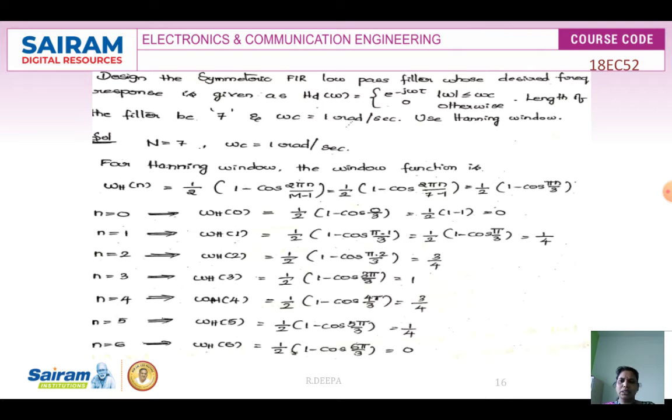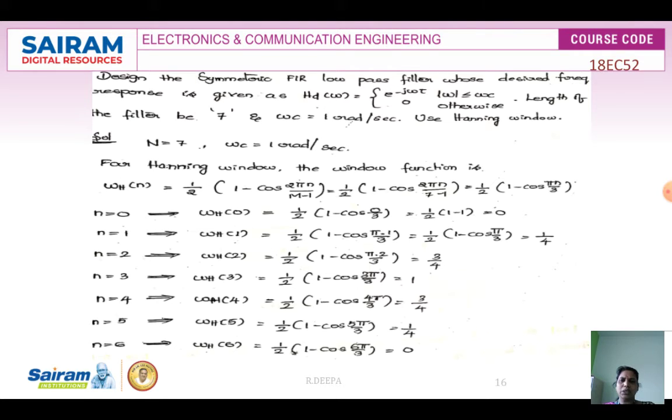As we are going to design the filter, you need to know the window function for different values of n. The range of n is 0 to N minus 1. So let us substitute n is equal to 0, 1, 2, 3 up to 6, and calculate WH of n.